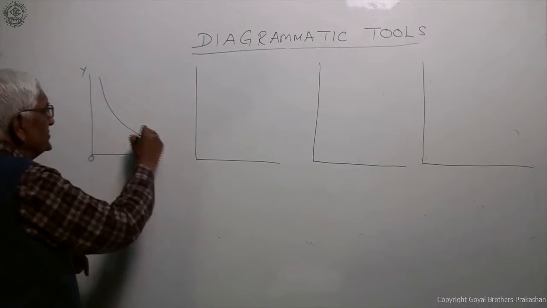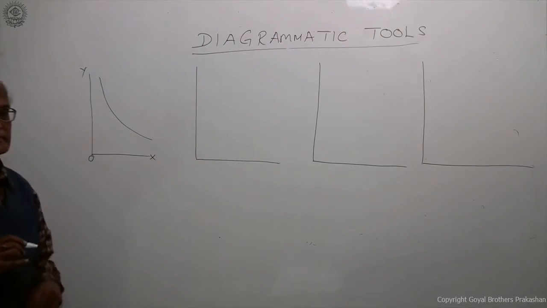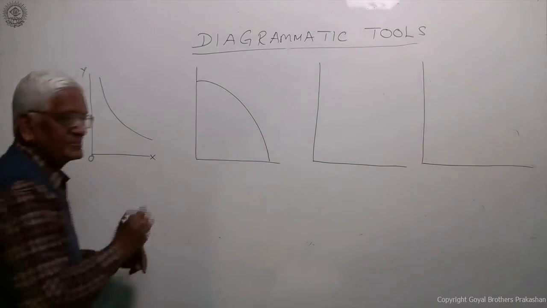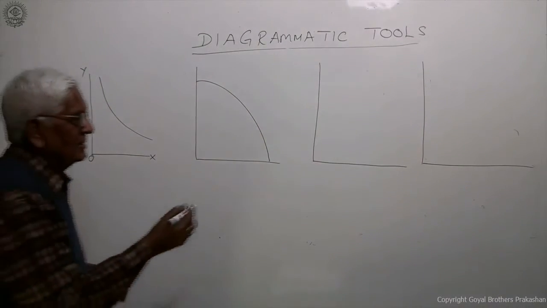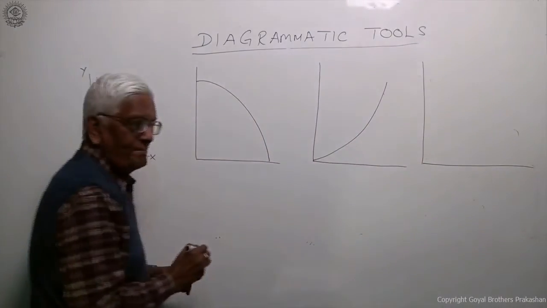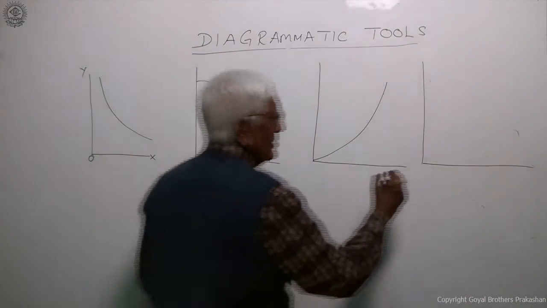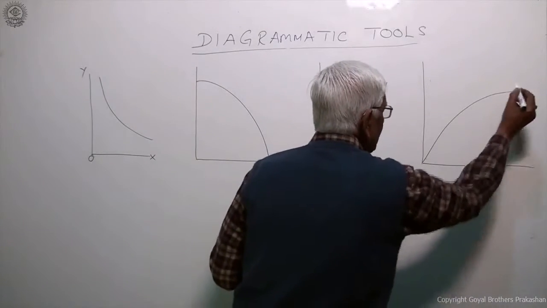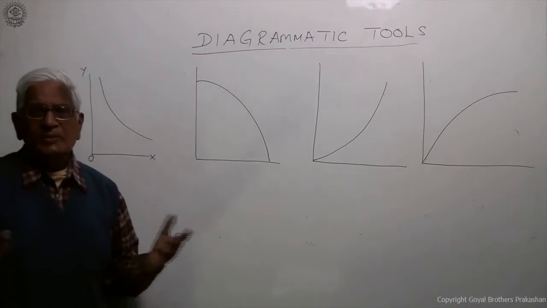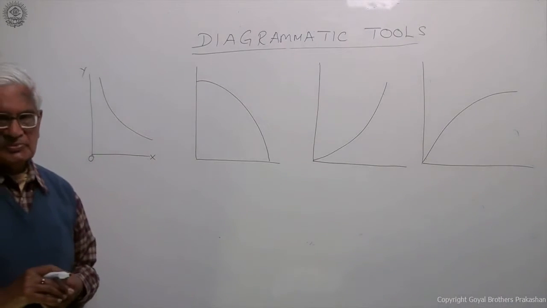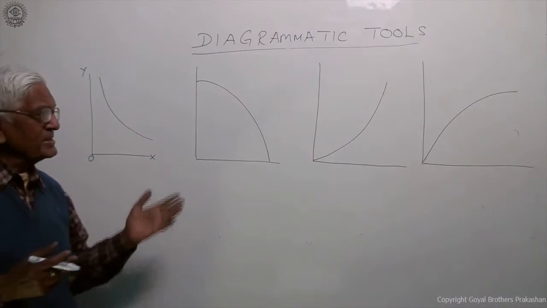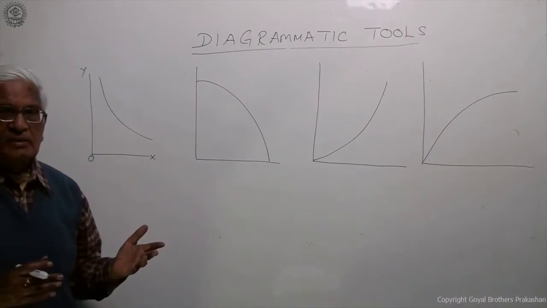One shape is this. Another shape is this. Then one shape is this. And another shape is this. In mathematics, you call them hyperbolas also. But in economics, we simply call it curves. It may be a straight line, it may not be a straight line.